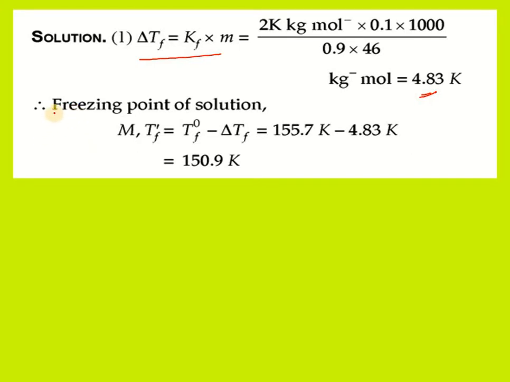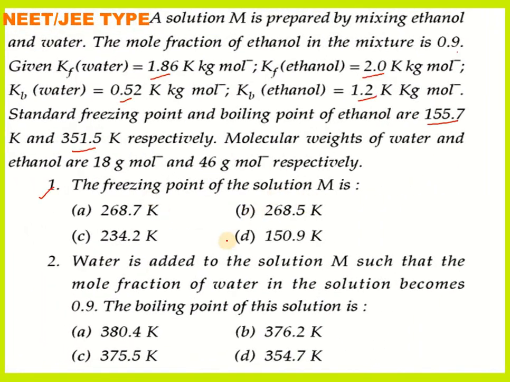Now, what is the freezing point? The freezing point of the solution will be Tf° minus ΔTf. So 155.7 given in the problem minus 4.83, we got 150.9 Kelvin as the answer for this first one. So option D is the right option for the first question.